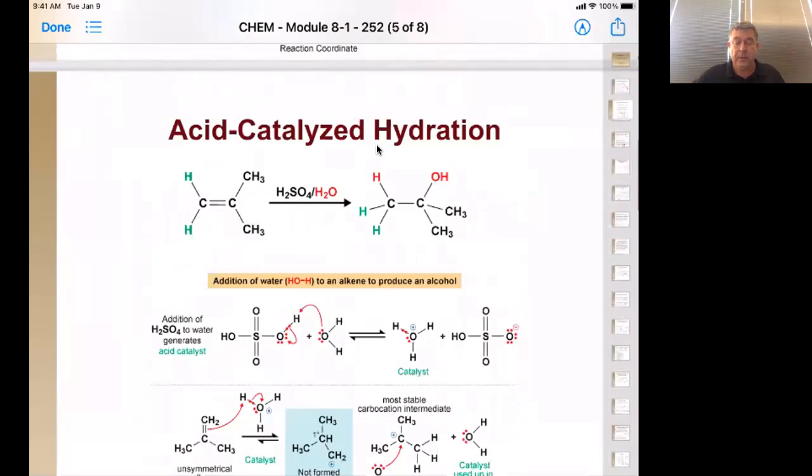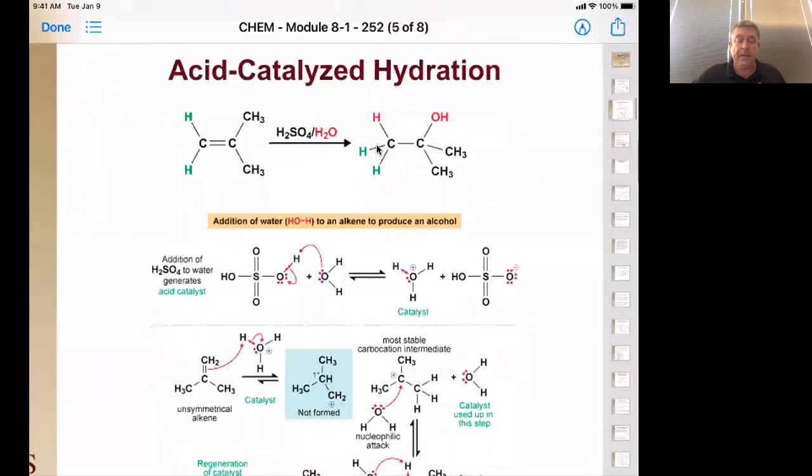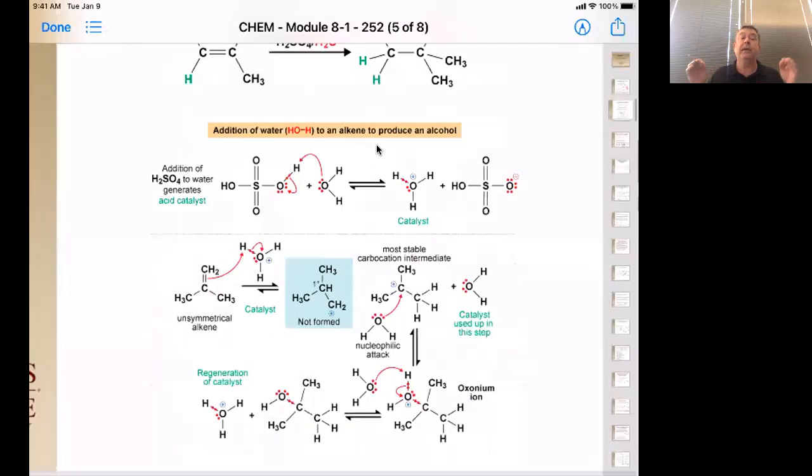Okay. So in the first step of the mechanism, the first step is to protonate the water, okay? Because that makes it a very easy proton to deliver, because if you think about it, the pKa of hydronium ion is like -2. Sulfuric acid is also around that same place. And so it's very acidic, and it adds the hydrogen to the double bond first.